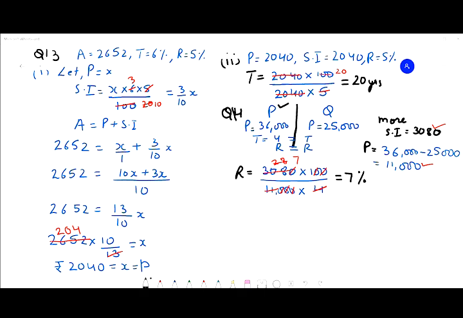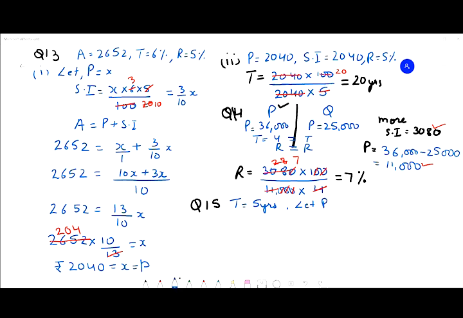Now moving to the question number 15. They are saying a sum of money is lent for 5 years at the same rate per annum, and the SI will be 1/4.